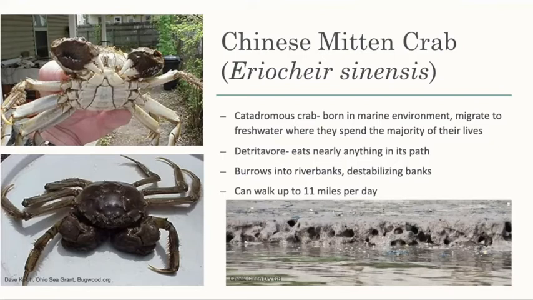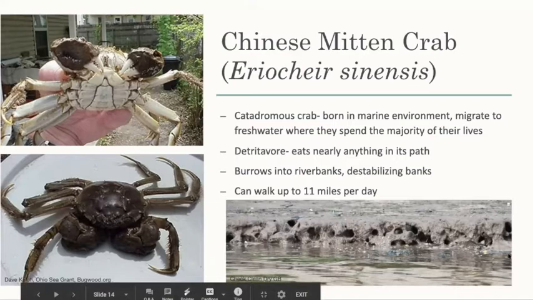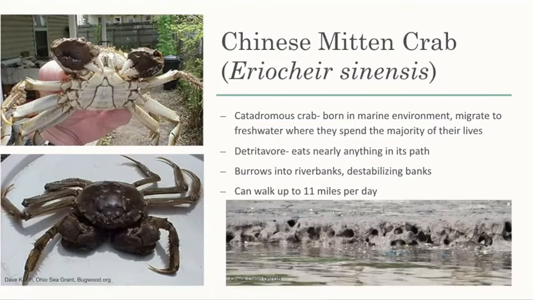Another reason that this crab is problematic is because it burrows into riverbanks, and you can see the bank in the picture underneath the text here, it's full of holes, and that's destabilizing. When we talk about our riverbanks, Jimena touched on this, similar to estuaries, they act as sponges, they act as buffers for pollutants, but also for flooding.